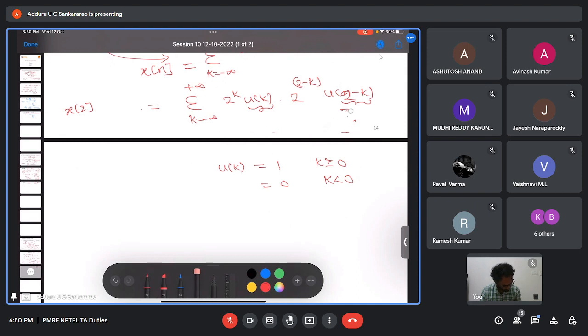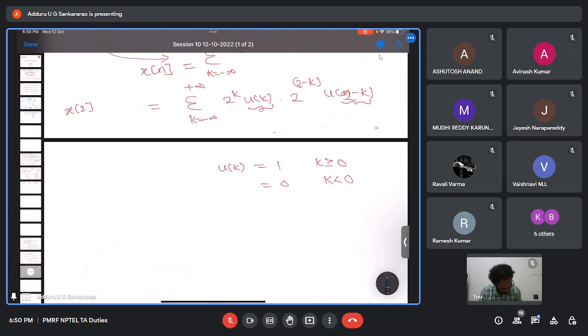So from this, u of k equals 1 for k greater than or equal to 0. Similarly, u of 2 minus k equals 1 for 2 minus k greater than or equal to 0, which implies k less than or equal to 2.